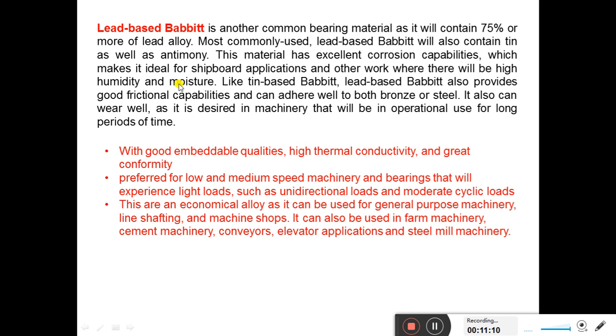Where the bearing is exposed to moisture or humidity, in those cases we go with this type of babbitt, because the previous one is for heavy load. If the previous one is exposed to humidity or moisture, the corrosion resistance is very low in the case of tin alloy. But here in the case of lead based alloy, it has a high corrosion resistance property.